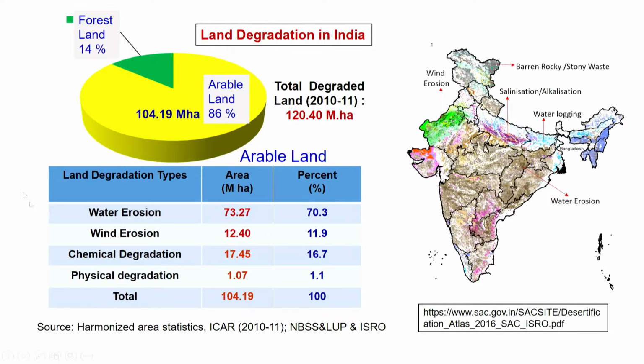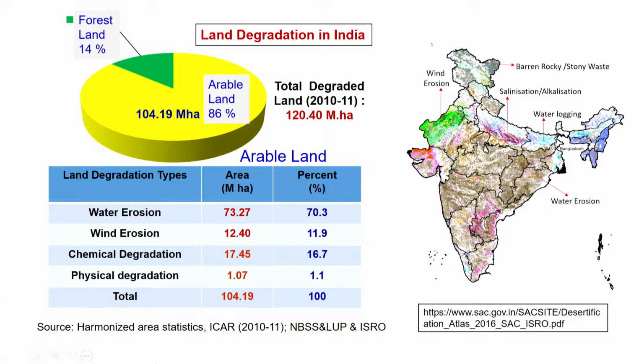And if you look at agricultural or arable land, out of the 120 million hectares, 104 million hectares, or 86%, is agricultural land, and 14% is forest land that is also degraded.